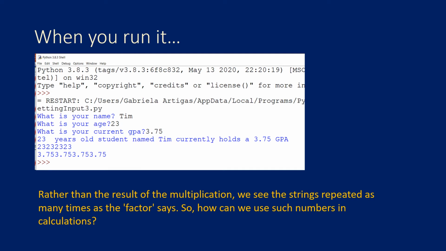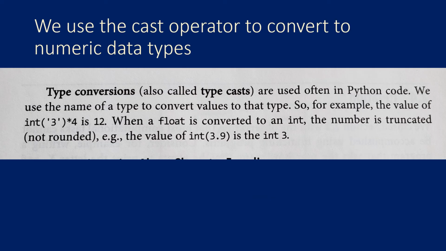So you may be intrigued, how can we modify the input so it becomes a numeric value? We're going to see that now. There's something that we call cast operators. In some places you may see it expressed as typecasting, and in our textbook they call it type conversions.